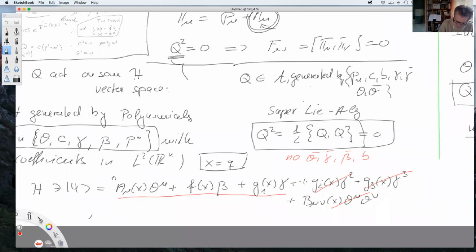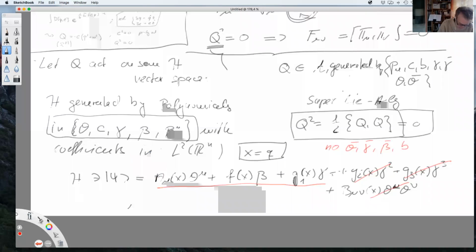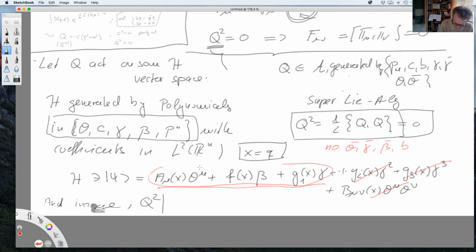Okay, let me see. I can now put it here and ask for the following condition. Demand and impose that Q squared restricted to this red subspace, let's say this is H0, this defines H0, is equal to 0.